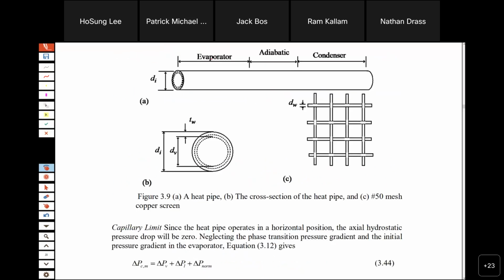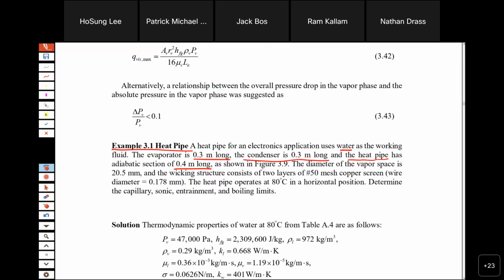This is evaporator, condenser, adiabatic. Okay. Diameter of the vapor space, we know that, is 20.5 millimeter. And the wicking structure consists of 2 layers of number 50 mesh copper screen.